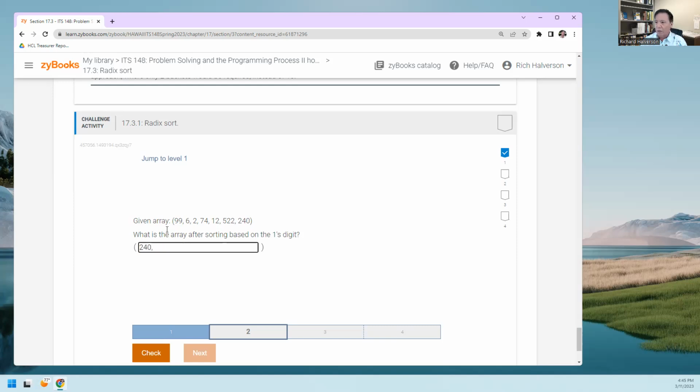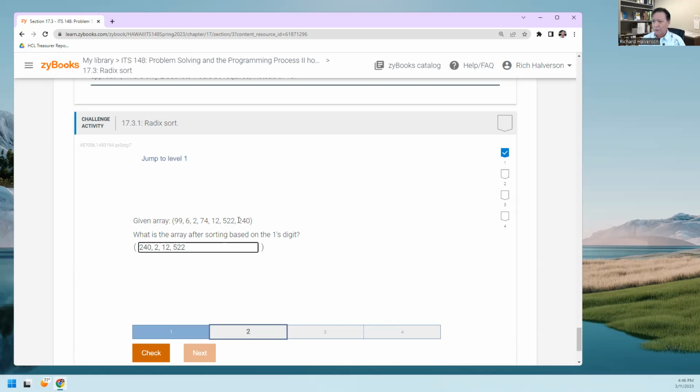There's no ones digit of 1, but there are ones digits of 2. There's this one, so it's 2, and then 12, and then 522.